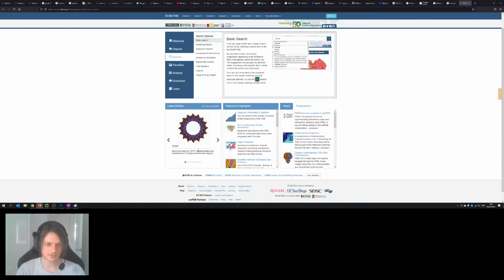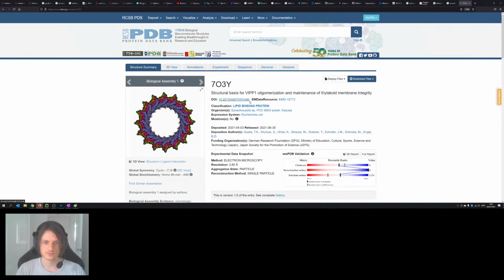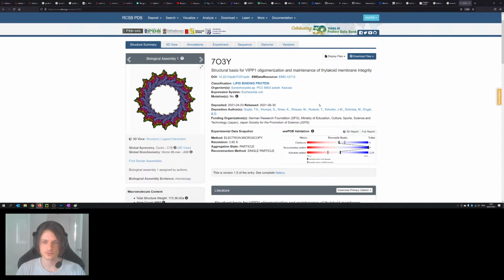Structural basis of oligomerization and maintenance of thylakoid membrane integrity. Lipid binding protein. Synechocystis organisms. Expression system. E. coli.